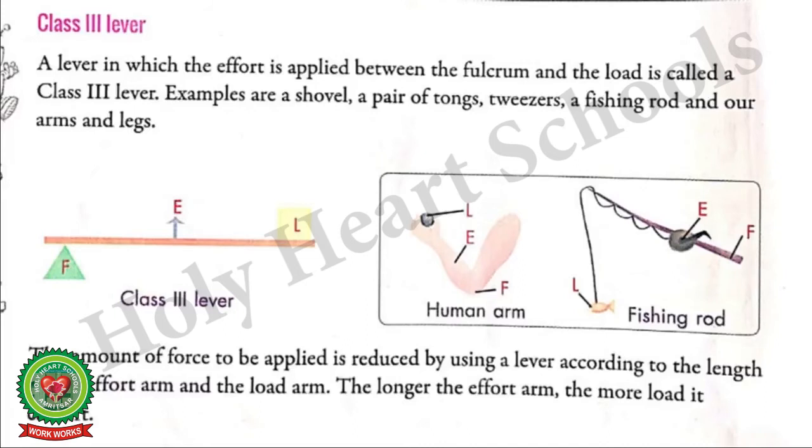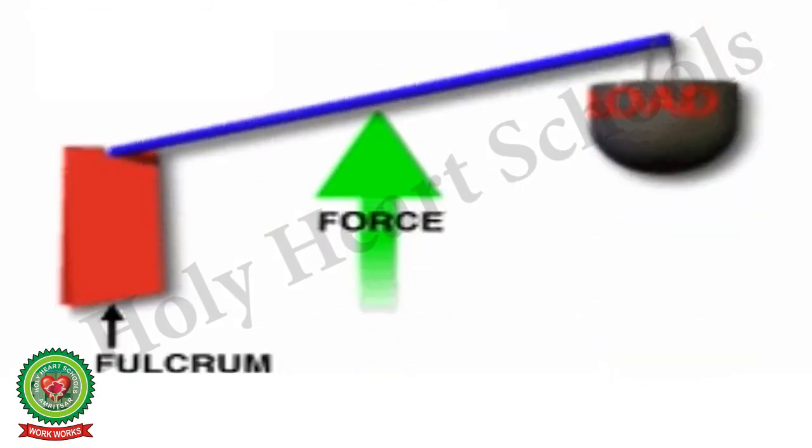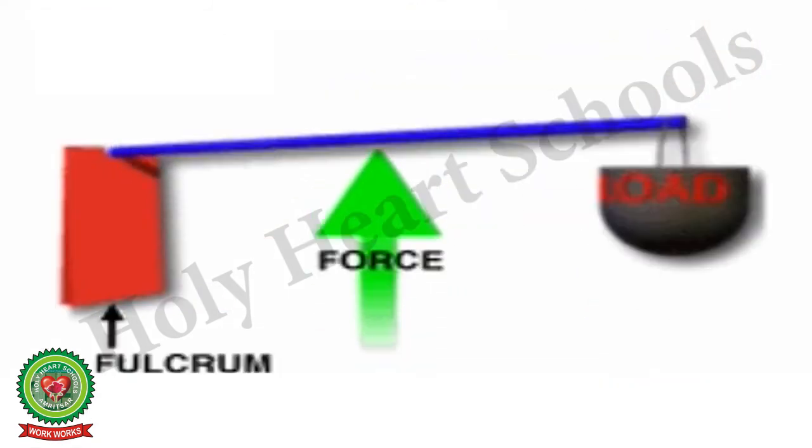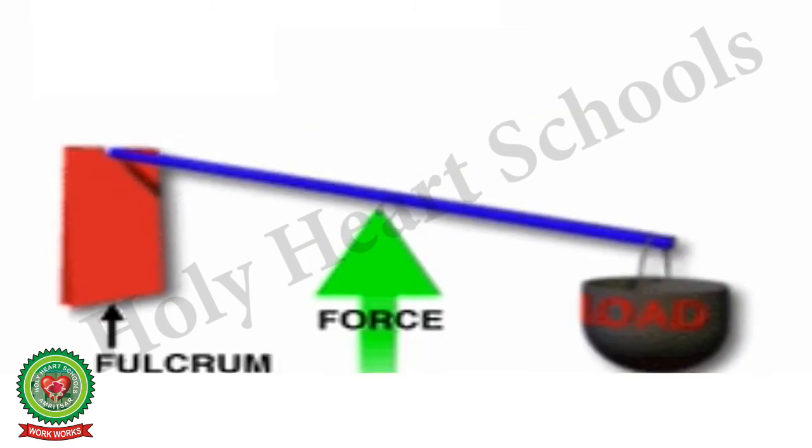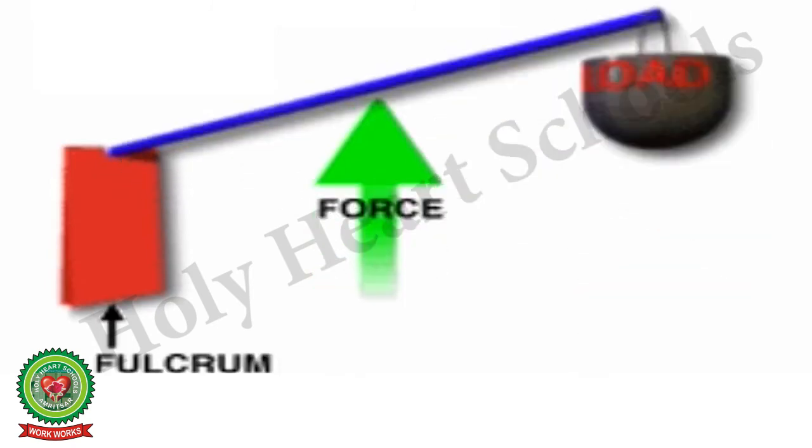Now, next is class 3 lever. A lever in which the effort is between the fulcrum and the load is called a class 3 lever. In a class 3 lever, both effort and the load are in the same direction.